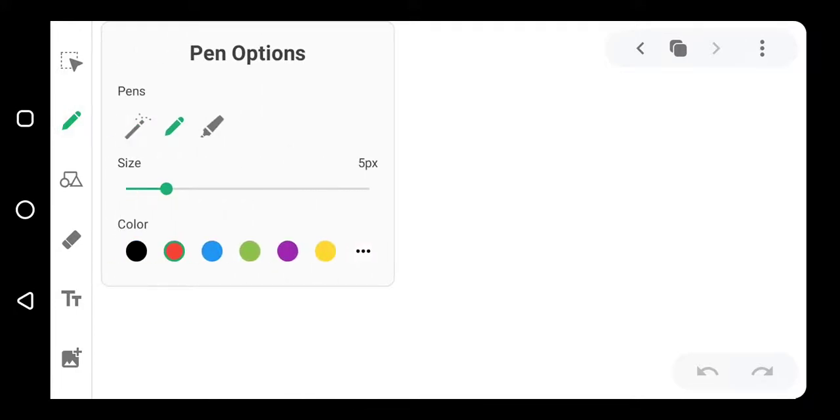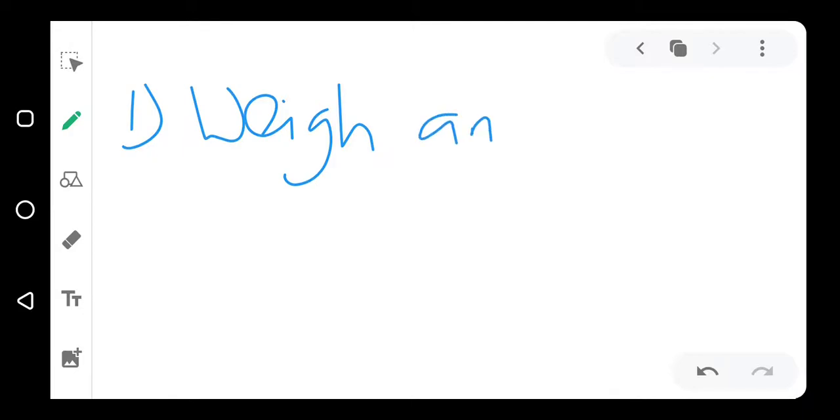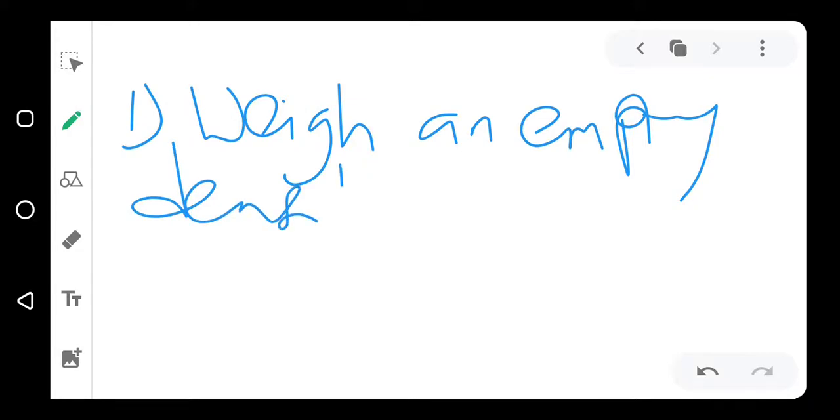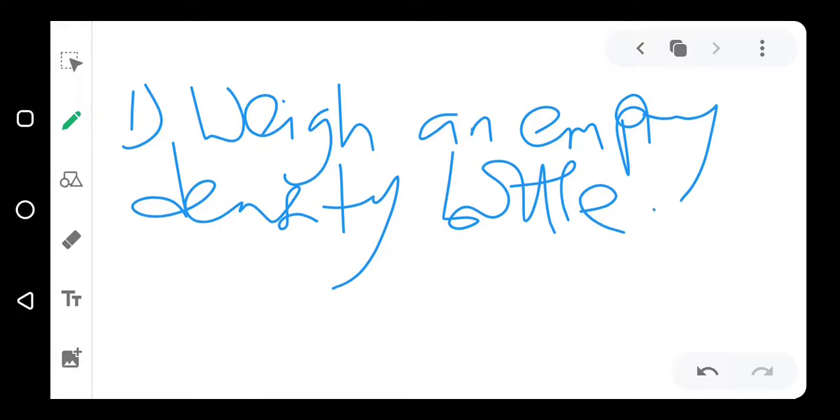You weigh the empty density bottle using your weighing balance. Then you record the mass as M1.